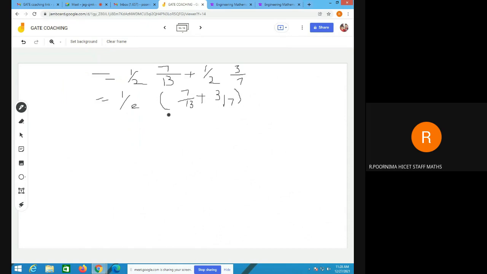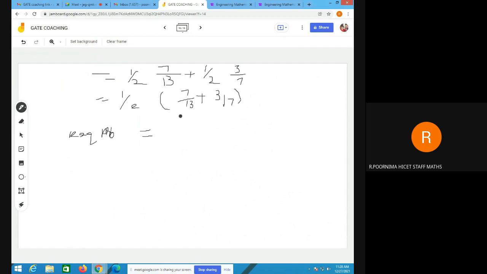Now we need to find the required probability. The required probability is from urn A. We are selecting a ball from urn A, that probability only they are asking.